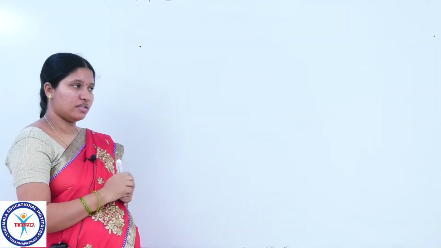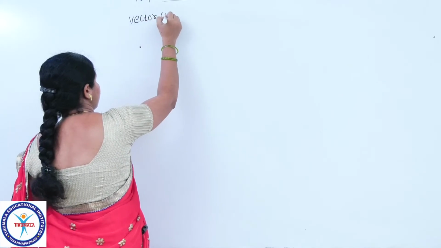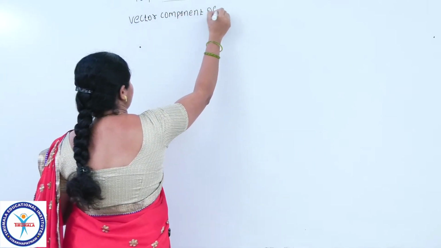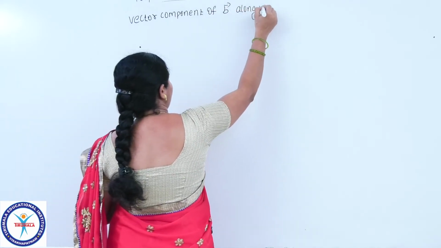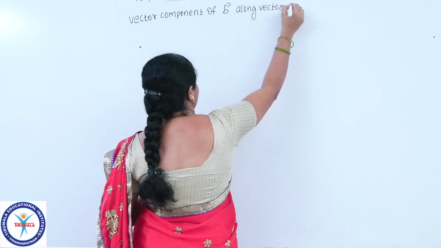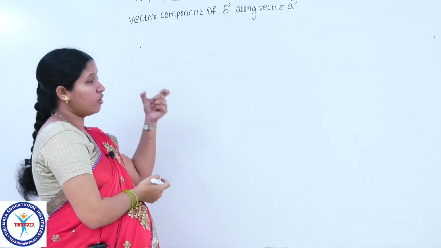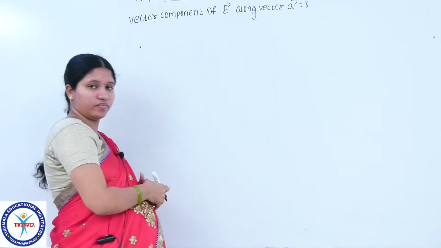So let us see the vector component of b bar along the vector a bar. So the vector component of b bar along vector a bar, we can write the formula as r.